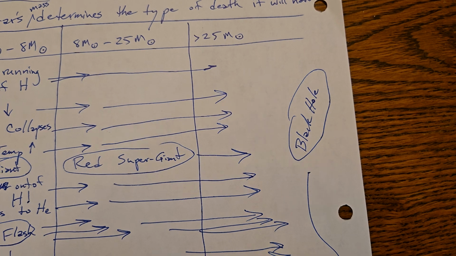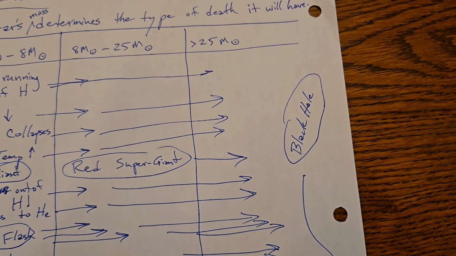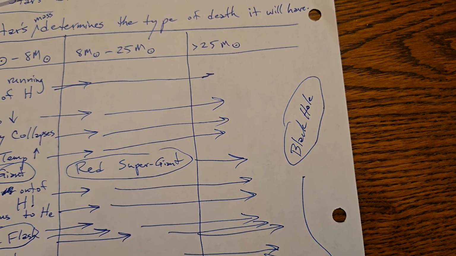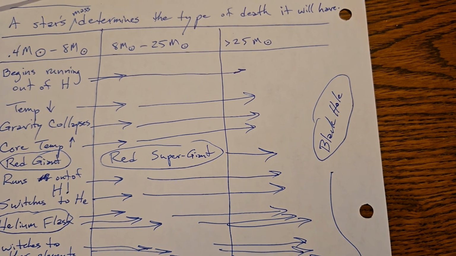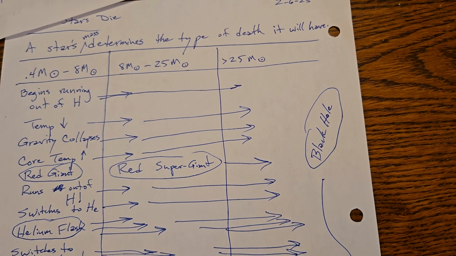And what it was, a great big blue supergiant that was being eaten alive. Its partner had turned into a black hole and was sucking the outer layers of the blue supergiant into it.